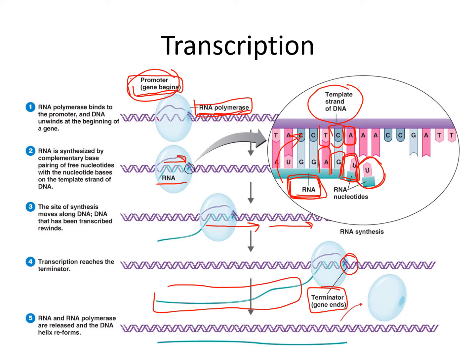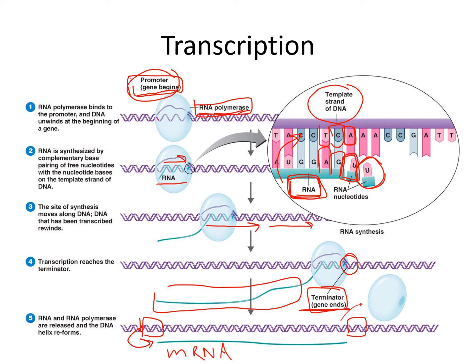So the terminator basically tells the enzyme that that is the end of the gene. And remember, the gene is the coding sequence of DNA. The gene provides the information to make a protein. So a gene is the area on the chromosome between the promoter and the terminator. And that is the area that will be transcribed into the mRNA.